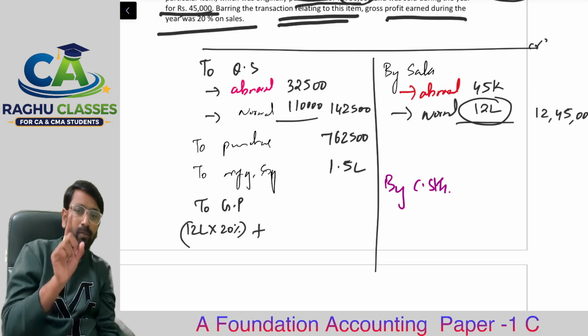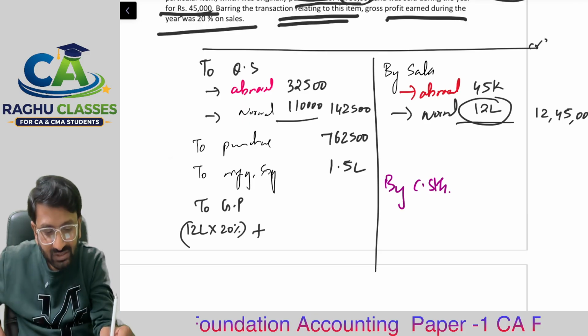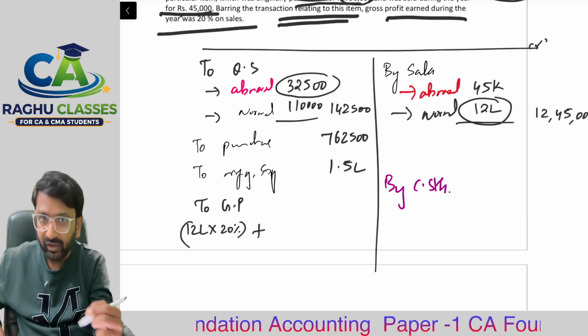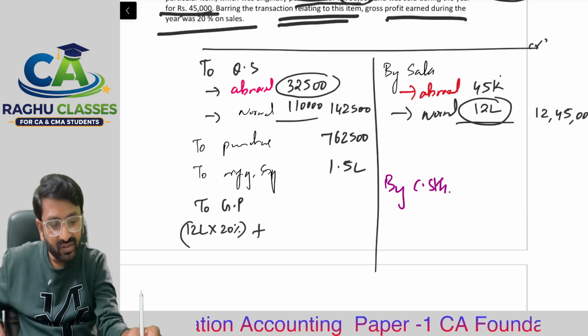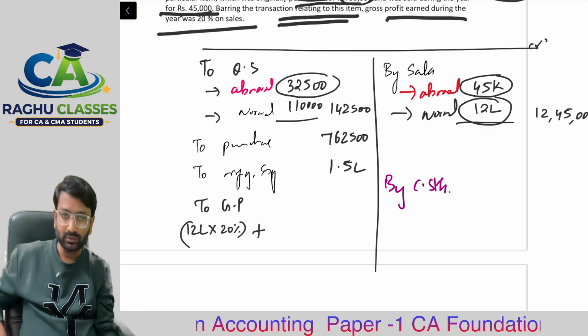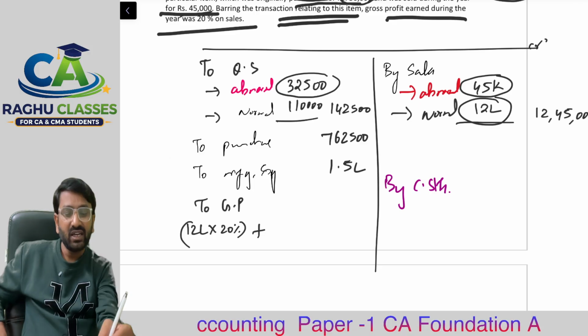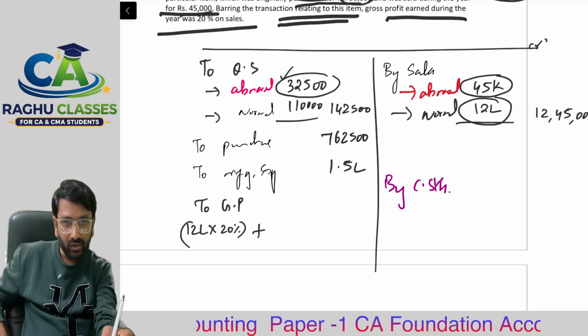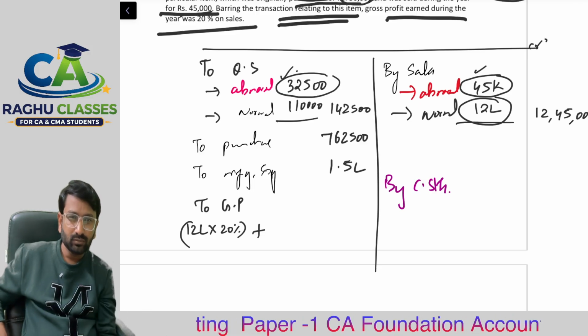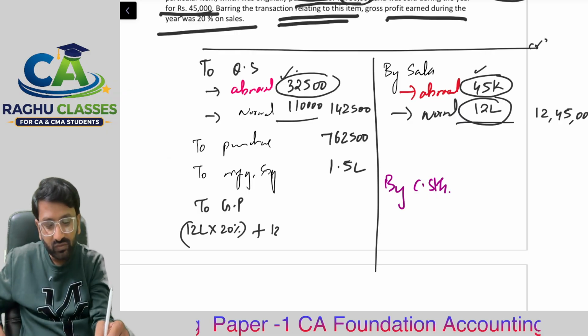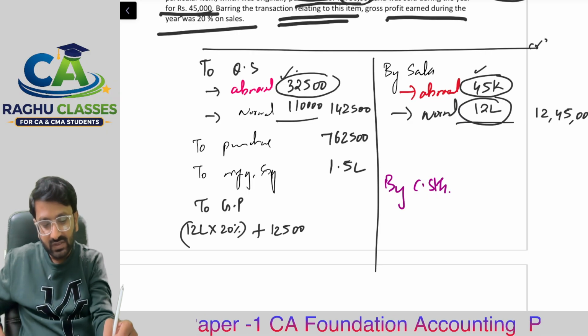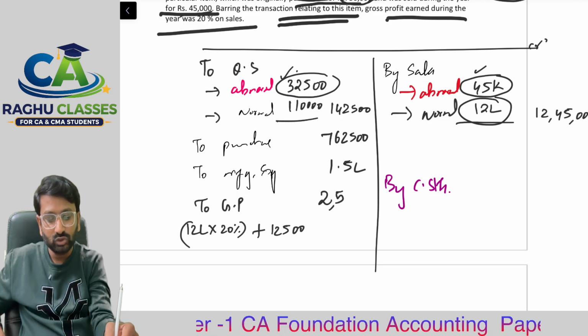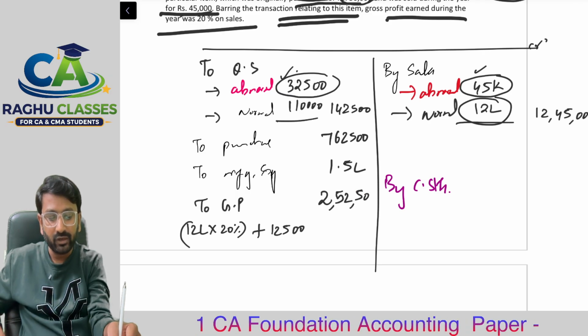Plus, if you look at the abnormal item, on the debit side we are showing it at 32,500. On the credit side, we are showing that at 45,000. So an item valued at 32,500 is sold at 45,000. So can you say there's a profit of 12,500 here? Simplify that. So your gross profit should be 2,52,500.